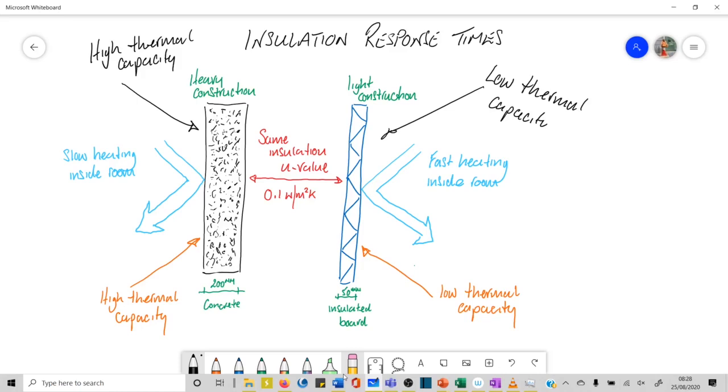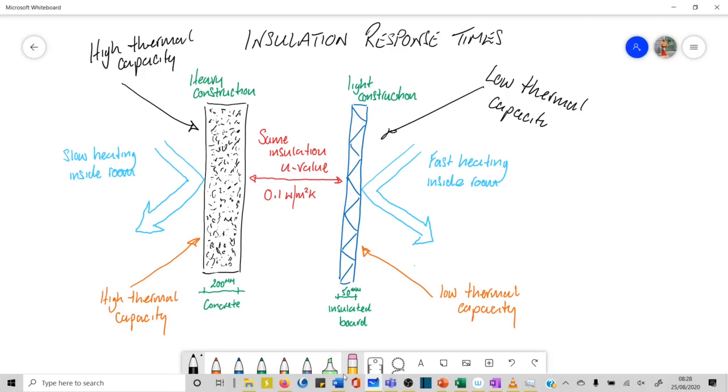So what's the difference between the two then? Of course, one's high, one's low, but what does that mean in terms of design and construction? Well, we need to go back to previous sessions where we covered thermal mass, which is about the way that solid materials with a solid molecular structure, such as concrete, absorb energy in the form of heat, store it and release it over a long period of time.